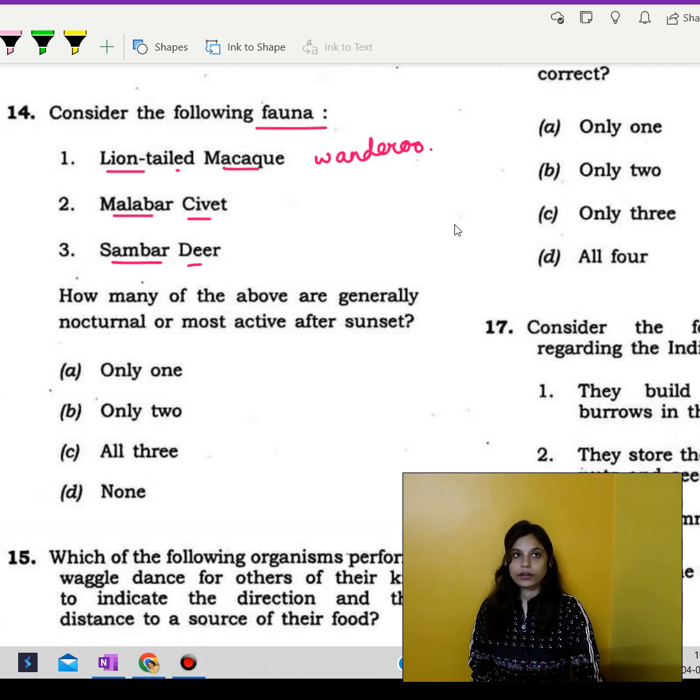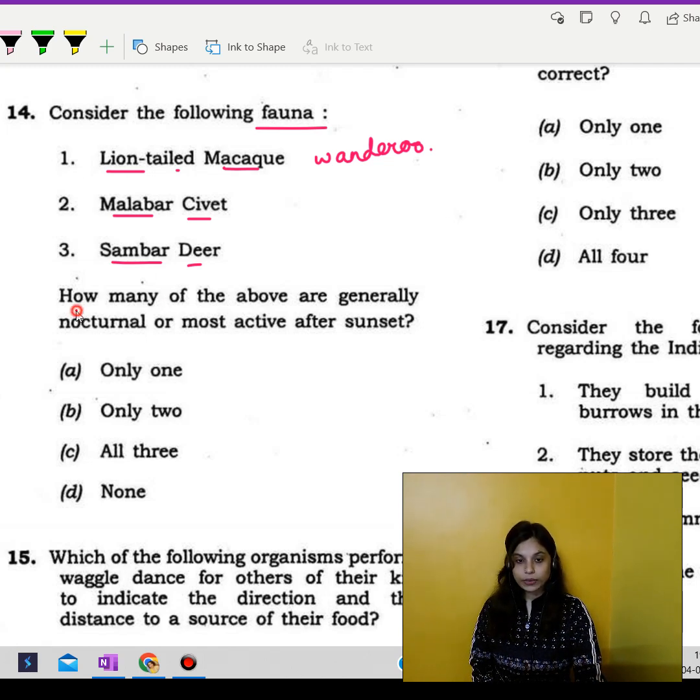That's mostly around 100 to 1,850 meters, and they are endemic to the Western Ghats. Lion-tailed macaws are diurnal and live in groups of 10 to 20 individuals.